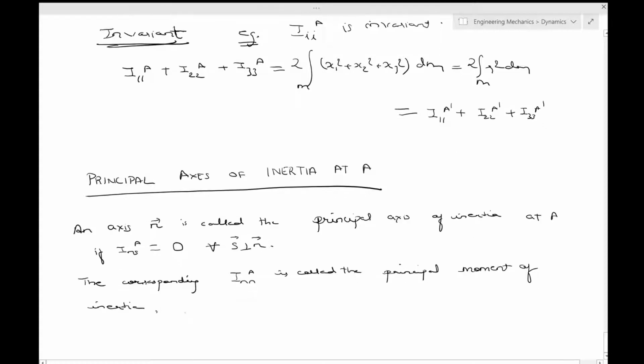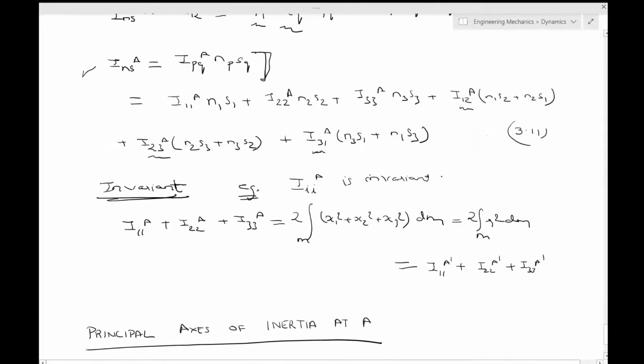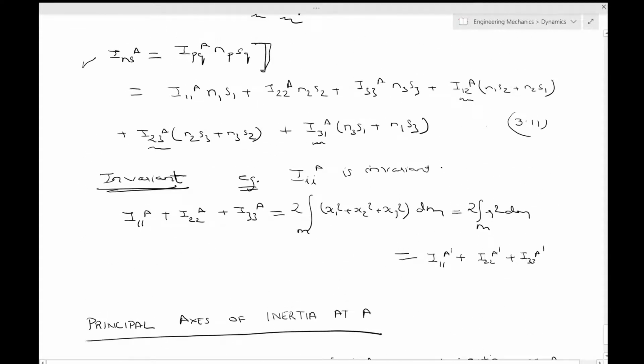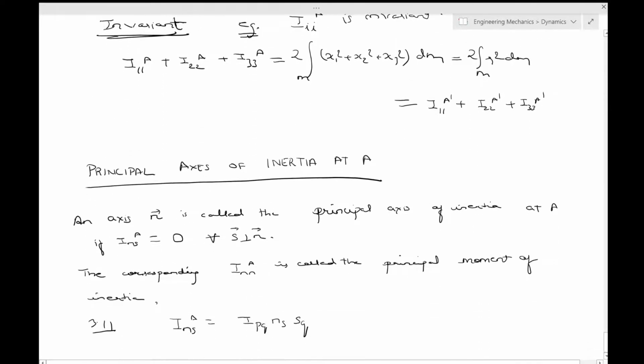Now let's see 3.11. That was what I_ns is equal to I_pq n_p s_q. So I_ns of A is equal to I_pq n_p s_q.